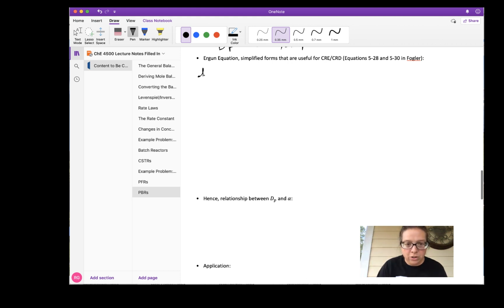The general equation is dp, and this is lowercase p, dW, so in terms of catalyst weight, equal to minus alpha divided by 2p, times T over T naught, times Ft over Ft naught.